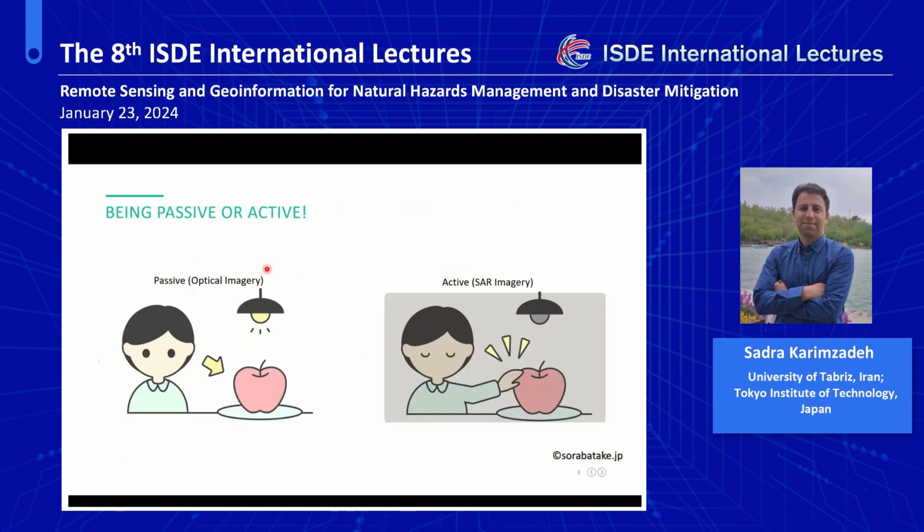Okay, so here, if you take a look at the left and right pictures, you will understand the meaning of passive and active remote sensing as well. On the left, you see passive remote sensing, or optical remote sensing. You have a light, or let's say the sun, as a source of energy, and your eyes act like a camera, optical sensors.